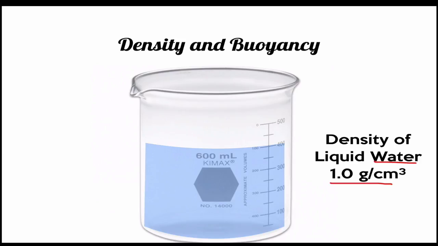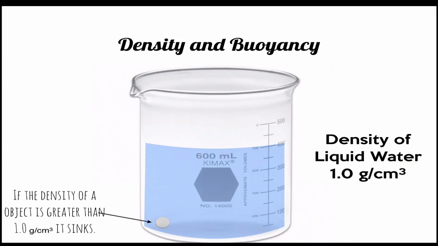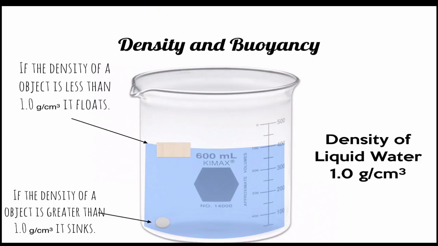If you drop an object in water and it sinks, that means its density has to be greater than 1.0. If you drop an object in the water and it floats, then we know that its density is less than 1.0. So knowing something about the buoyancy helps determine its density, by whether or not it's going to sink or float.